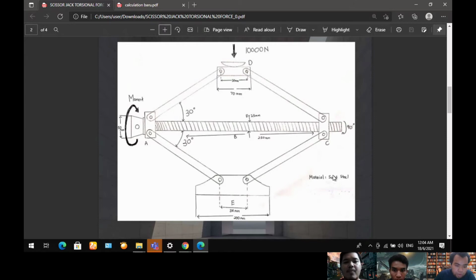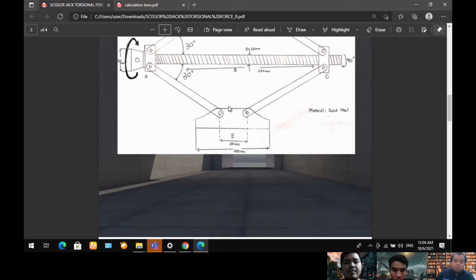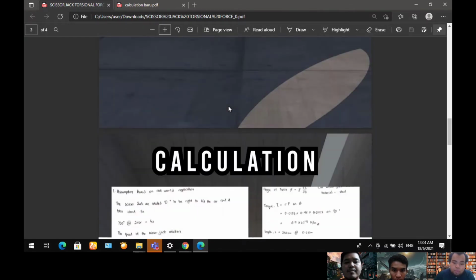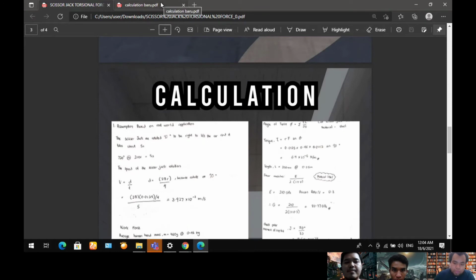Then moving to the downwards part, the distance between holes is 30 millimeter, and the width of the base is 400 millimeter. Next we will move on to the calculation presented by Muhammad Zulkarnain bin Madrus.